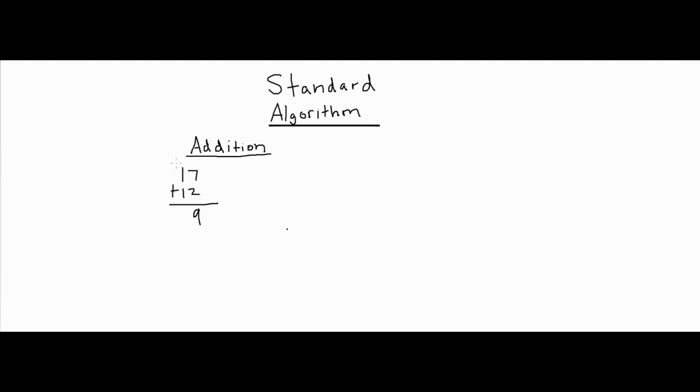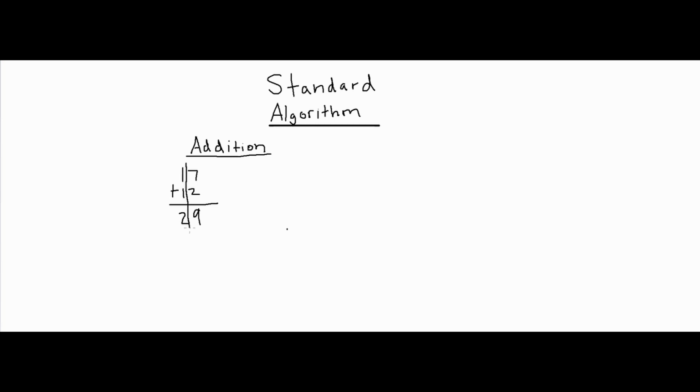However, this is in the tens digit column, so it's actually 10 plus 10. So 1 plus 1, because that's how it appears here, is equal to 2. So then we write 2 here as the answer to the column.